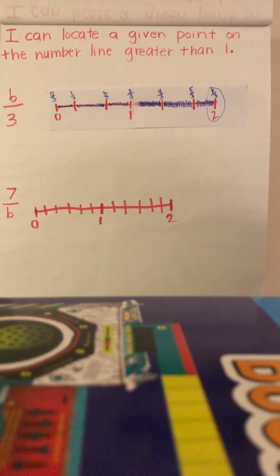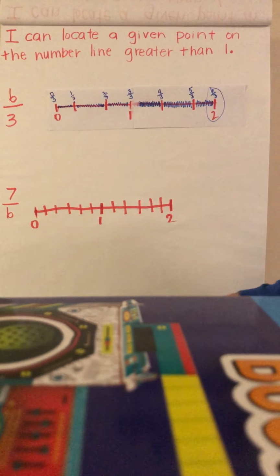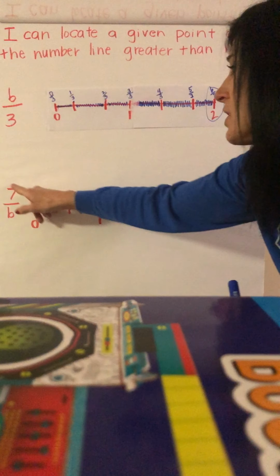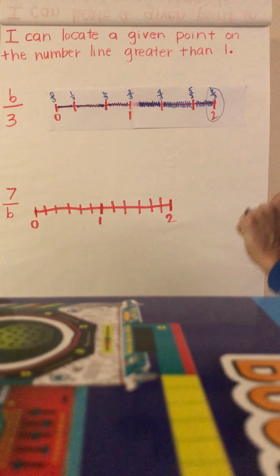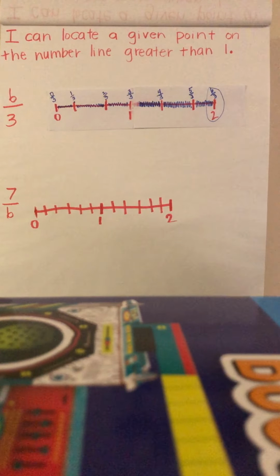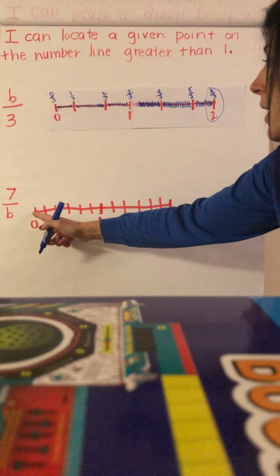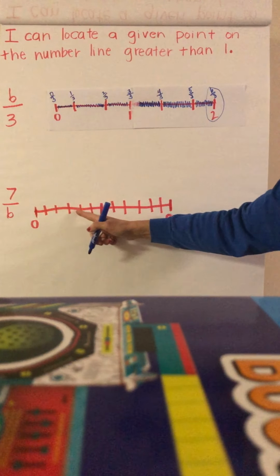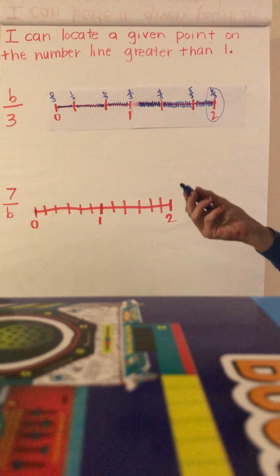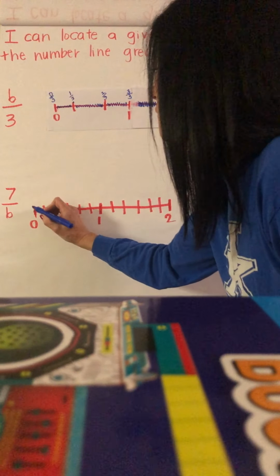There we go. Now we're going to start labeling our number line, and we're looking for the fraction 7/6. Now, some of you are getting really good at this, and you can say, I know I can just count my way over and locate 7/6, and good for you.